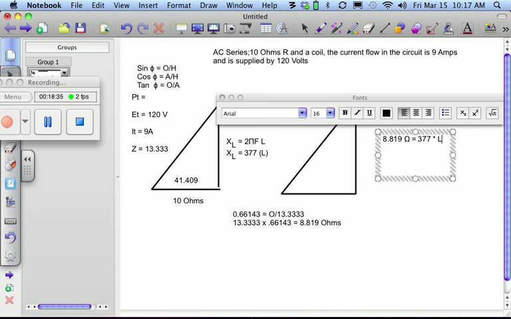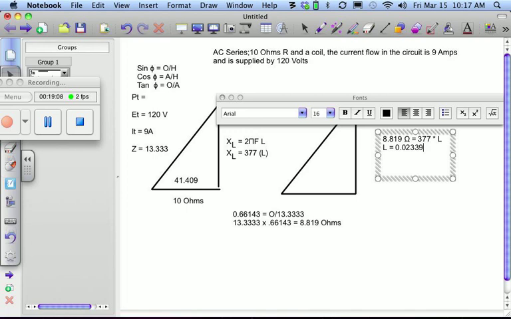So if we want to get the 377 off both those sides, we can just divide both sides by 377, can't we? Well, I have my 8.819 in my calculator, so I'm going to just divide by 377. And now it says that L is equal to 0.02339 and so on.